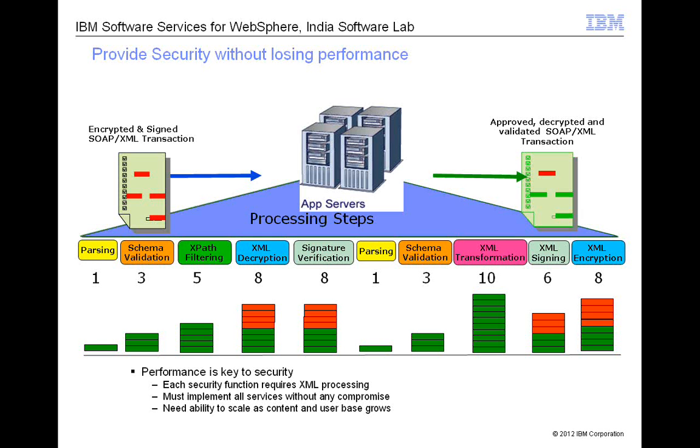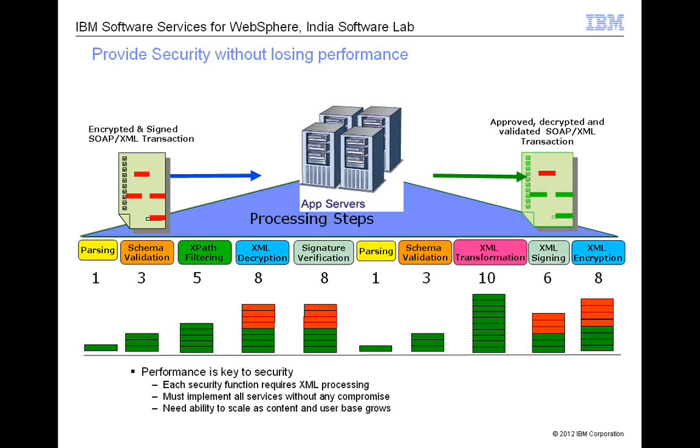What you see from left to right and numbered is basically weights, or rather values, that indicate the kind of processing time that is taken by different kinds of activities that go on with XML. XML parsing may be the cheapest operation. A little more expensive than that would be schema validation.